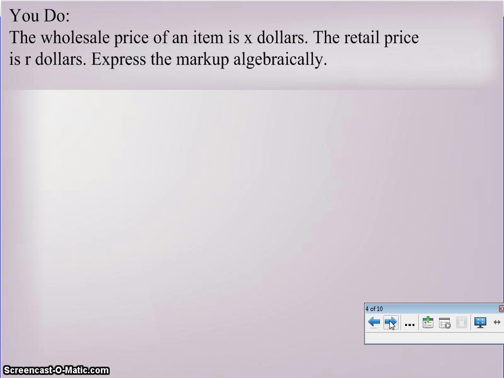Okay, the wholesale price of an item is X dollars. The retail price is R dollars. Express the markup. So if we remember back before, it was the wholesale price plus the markup price equals the retail price. And in this case, it's actually asking for the markup price.